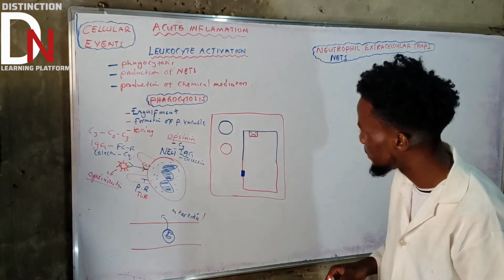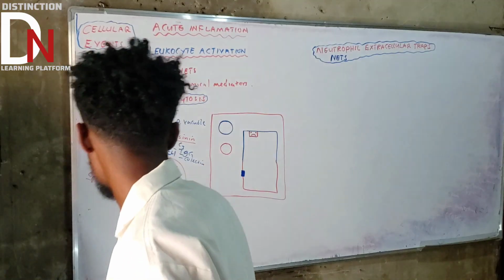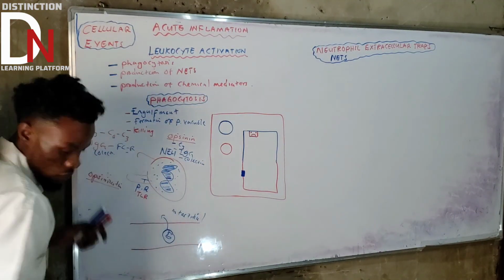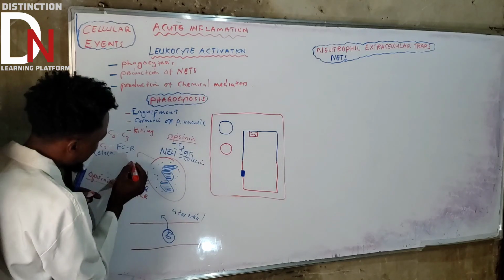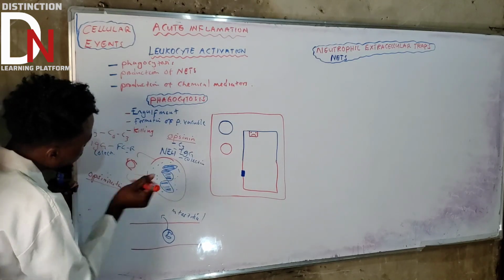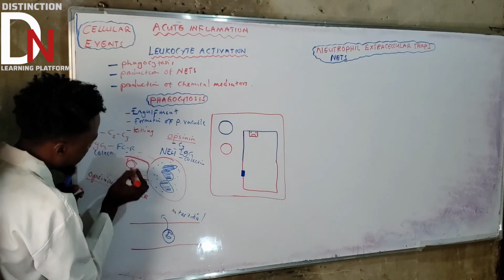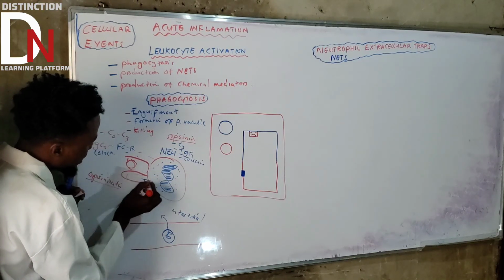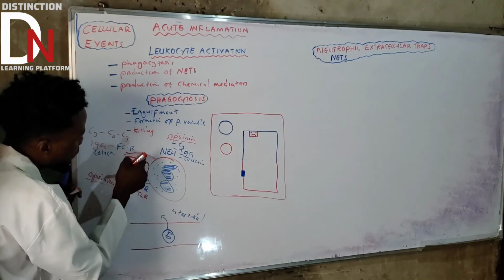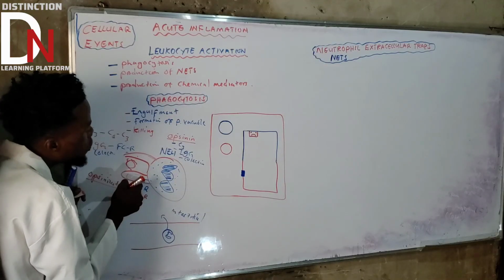so that it can pull it inside via the process called endocytosis. So what we are saying is like this. Let's make it clear. If this is a bacteria like that, then what's going to happen is it will start extending its cytoplasm around this bacteria like that. This extension of the cytoplasm is what we call pseudopodia.